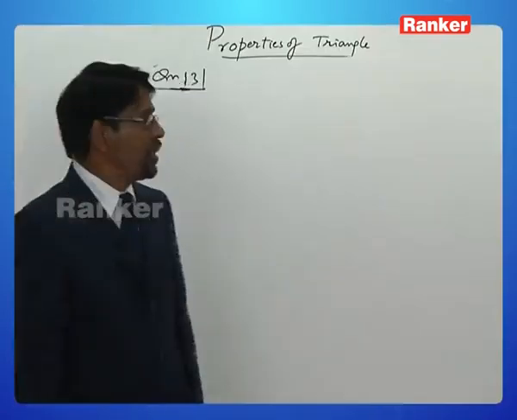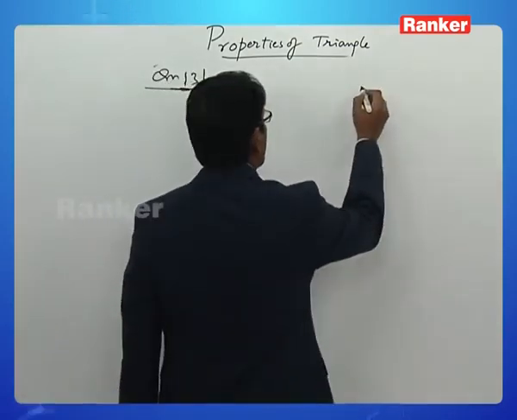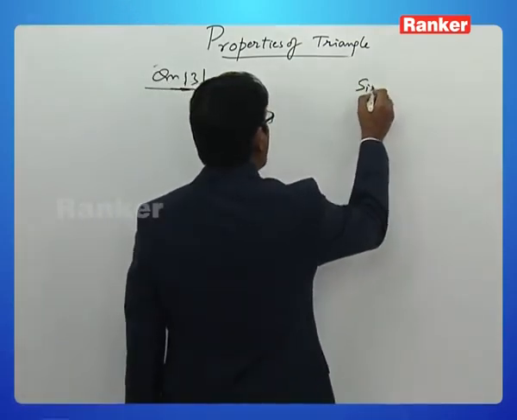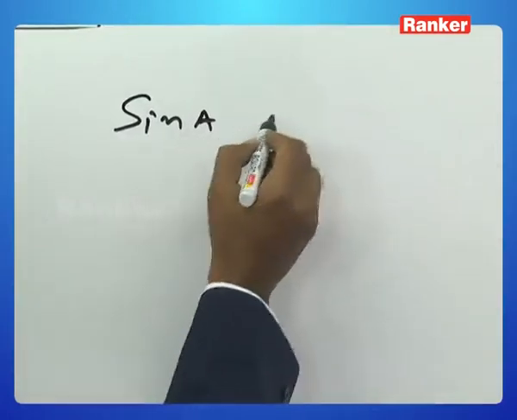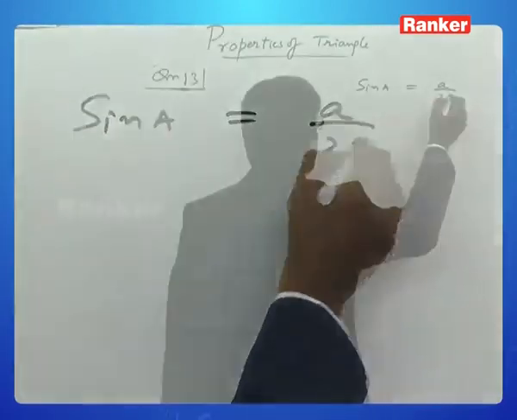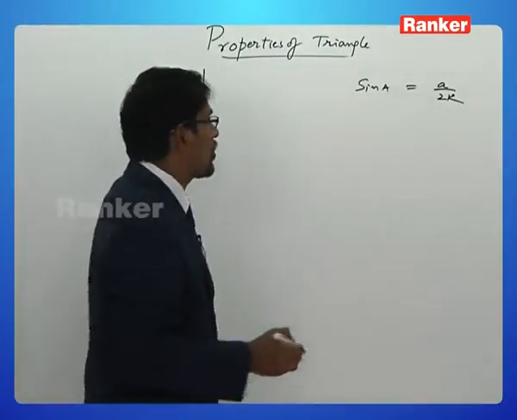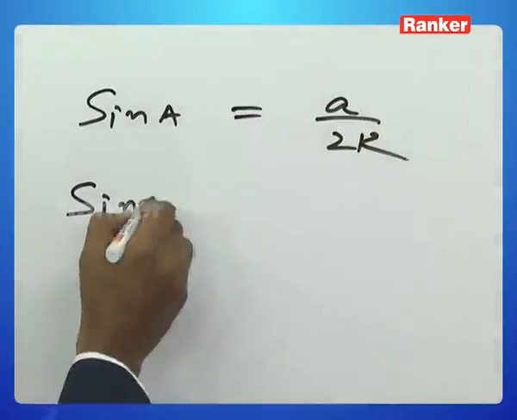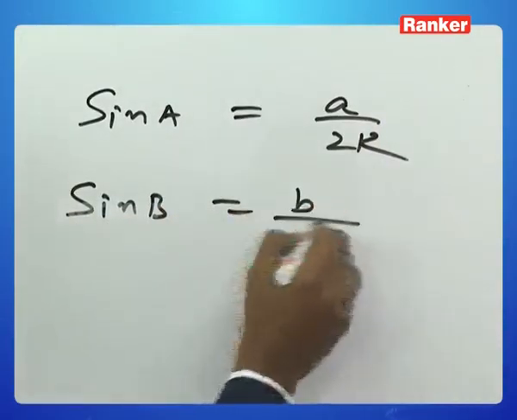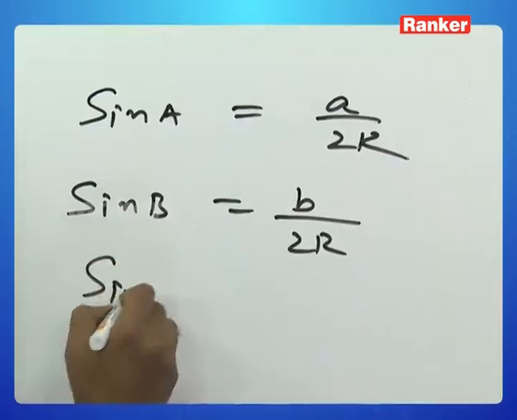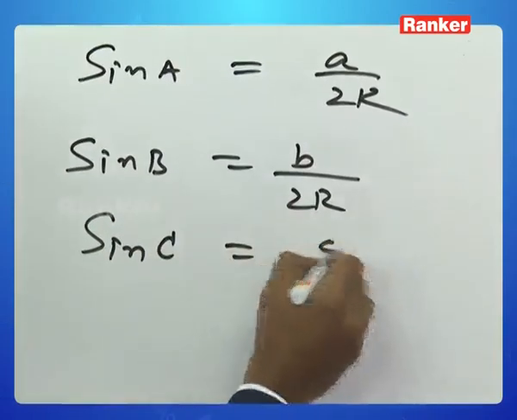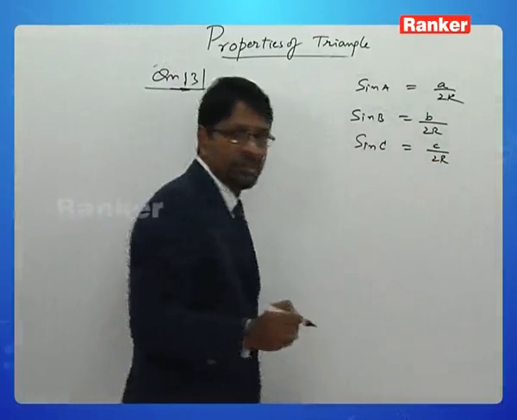Now let's have a look here. Sin A, can I write it in the form of A by 2R? Sin B will be B by 2R. Sin C, C by 2R. Let's write like that.